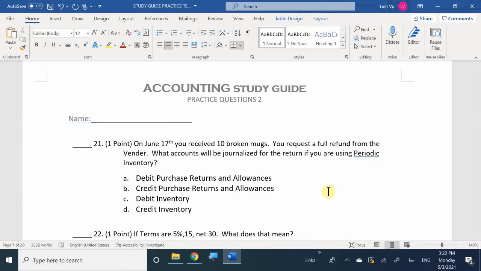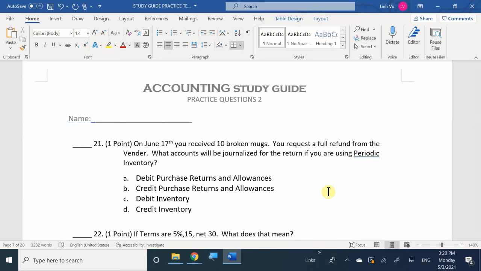So this is assuming it is related to that, right? What account would you use if you are keeping track of your inventory as periodic inventory?